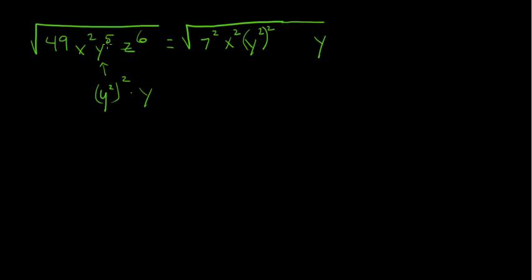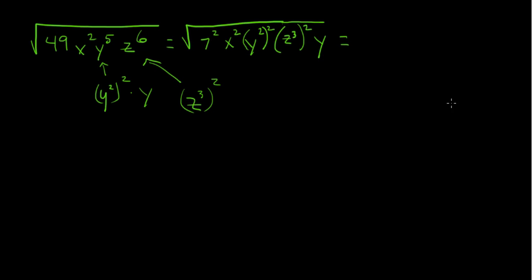And so I've taken care of this y to the fifth. Z to the sixth, well, that's z to the third to the second power, right? So we'll say z to the third to the second power.